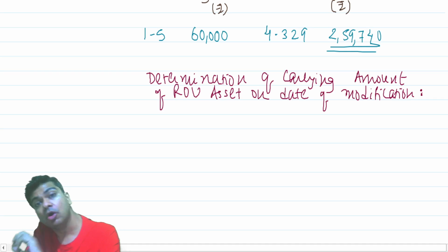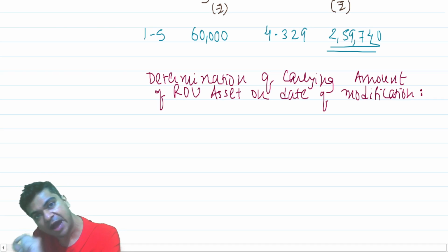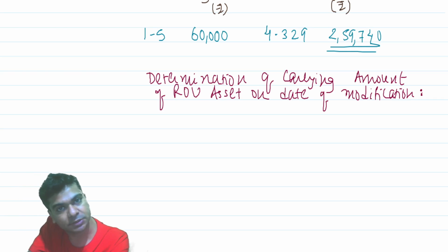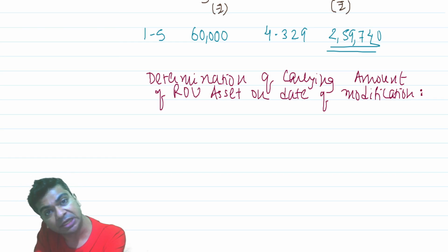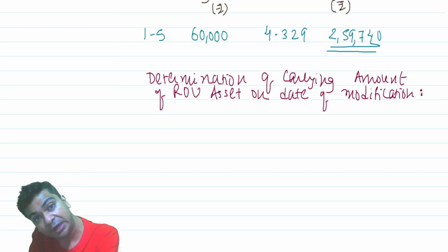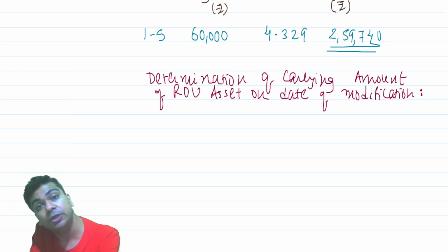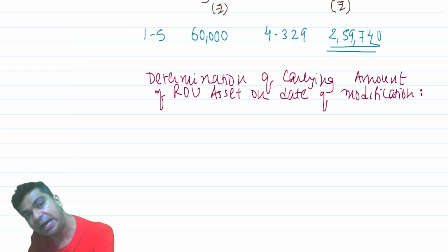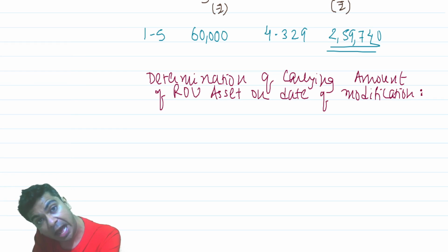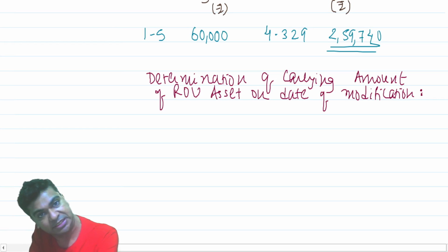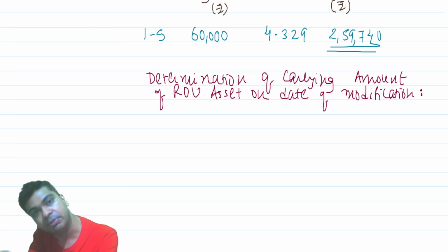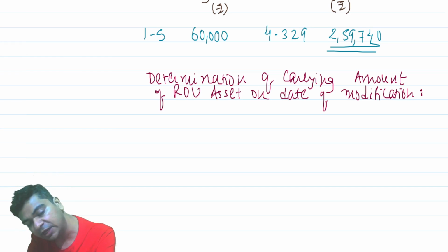See, originally your ROU asset was for 5,000 square meters. After the modification, your ROU asset should be only for 2,500 square meters. So we cannot continue showing the original ROU asset. You get my point? Here the ROU asset also has to be adjusted. So I have to find out the balance of the ROU asset before I make the modification, and then we will give the effect of the modification.